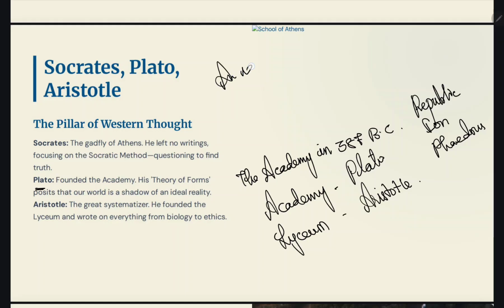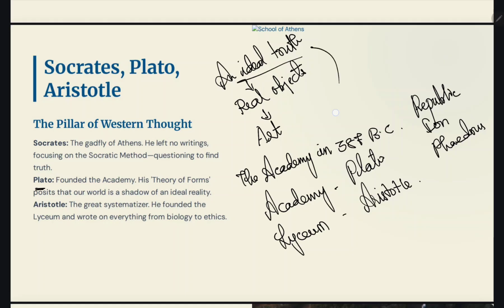An ideal truth, real objects, art. Plato says reality itself is an imperfect copy of ideal truth, and art is the imitation of an imitation.